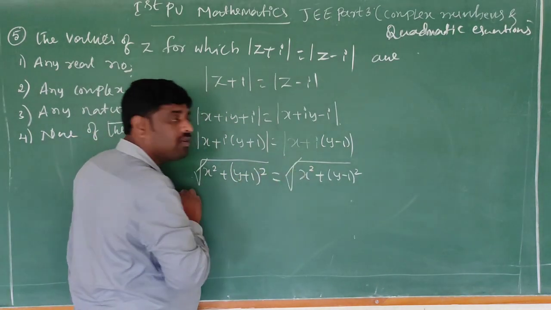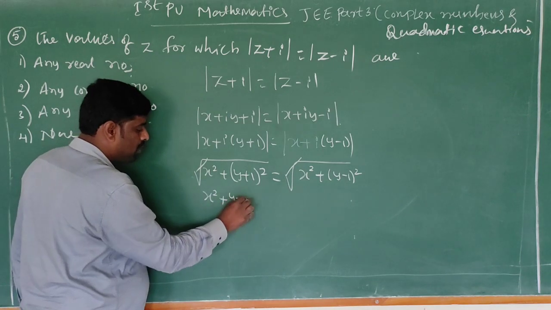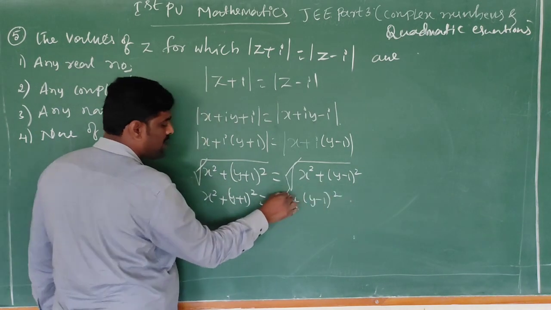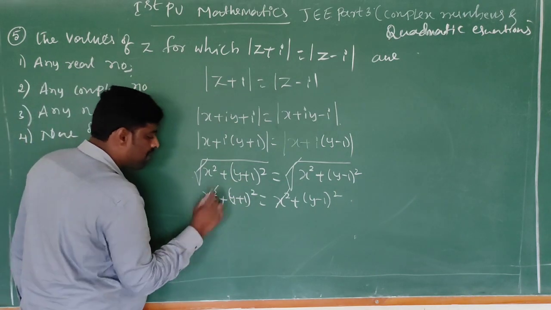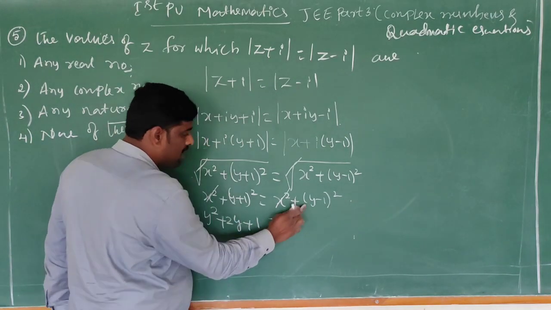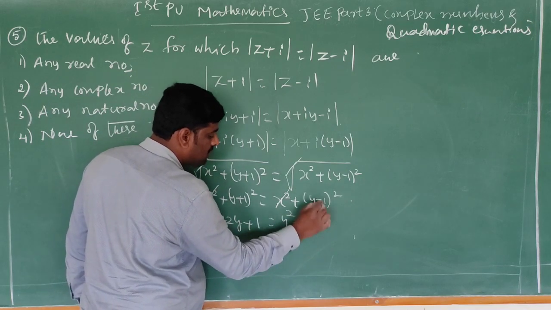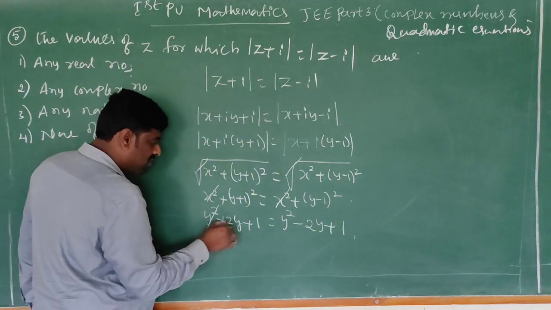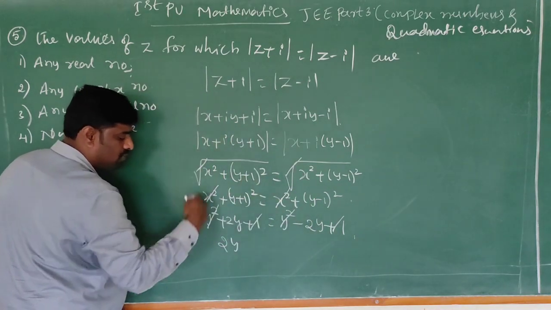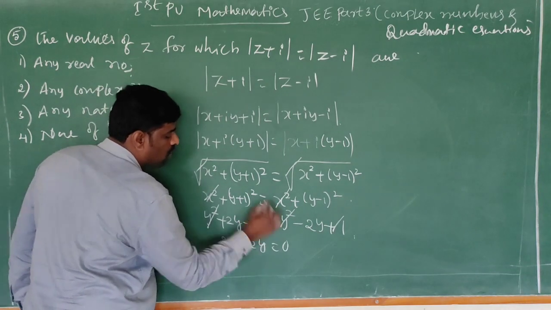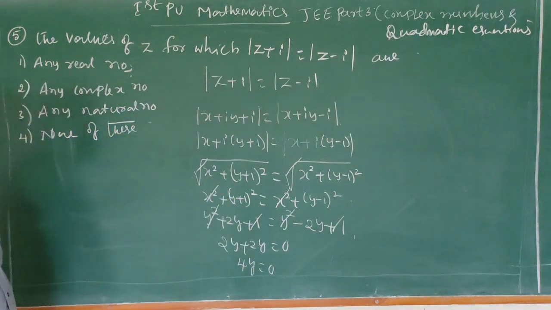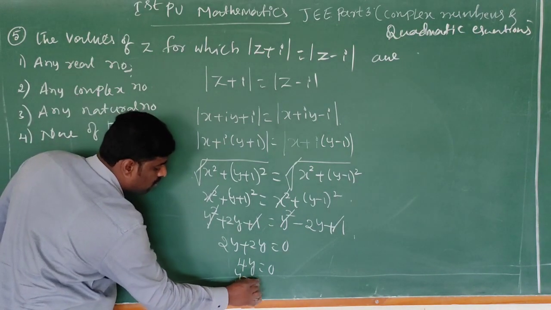The square roots cancel, x square cancels. (y plus 1) whole square is y square plus 2y plus 1, and (y minus 1) whole square is y square minus 2y plus 1. y square cancels, 1 cancels. Shifting 2y to the left side gives 2y plus 2y, which is 4y, equals 0. Therefore y is equal to 0.